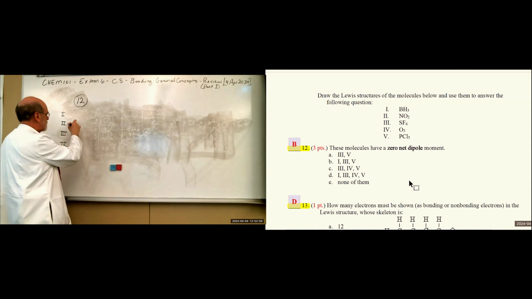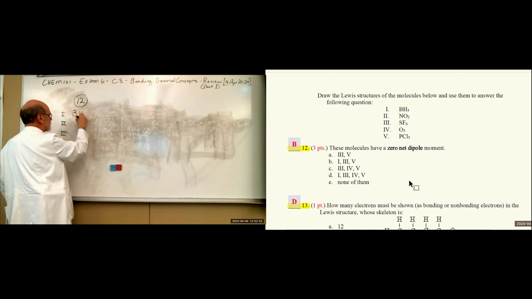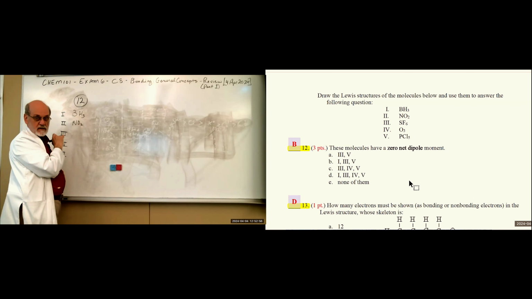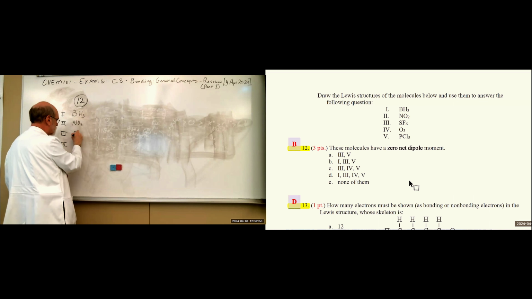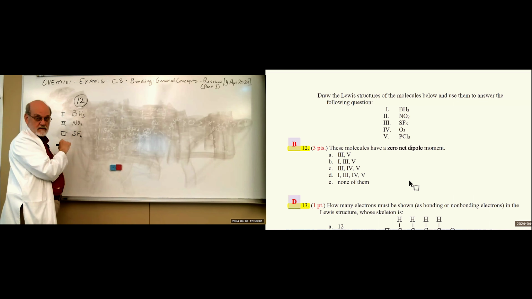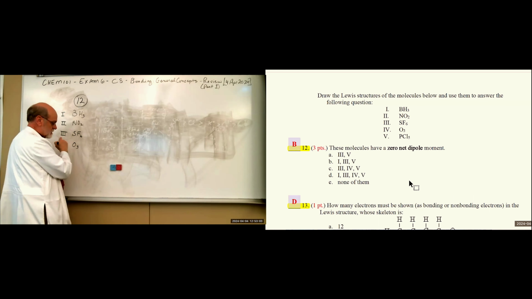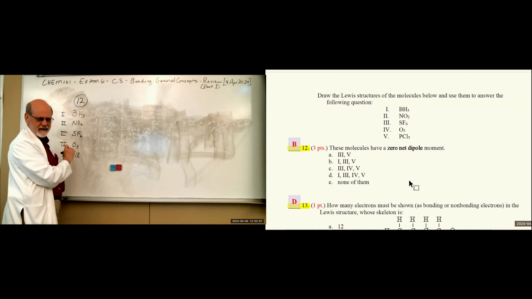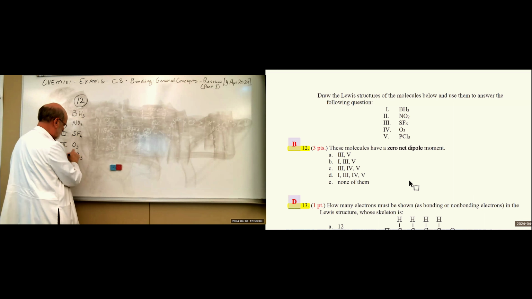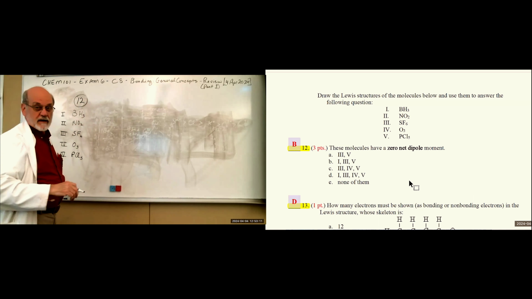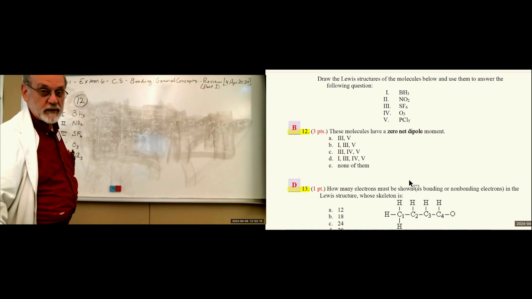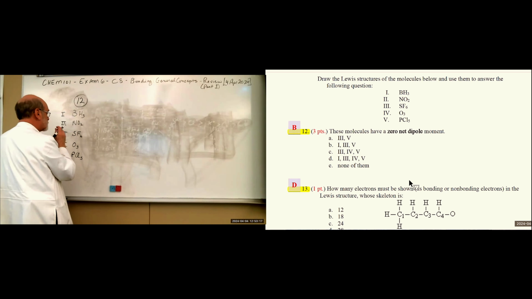Okay, so here, SF6, O3, that's ozone, PCl5. Okay. So in order to determine the dipole moment here for any of these molecules, we have to know their structure.